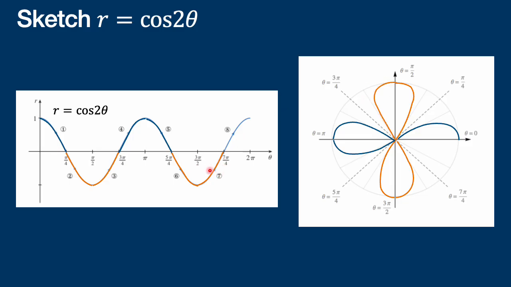Last part, 7 pi over 4 to 2 pi, that's positive. You sketch this part. So we call this a four-leaved rose. The polar coordinate system sketches a lot of curves we cannot sketch with a rectangular equation.